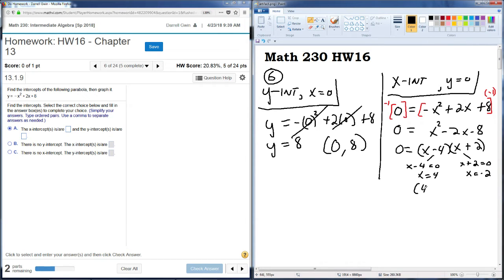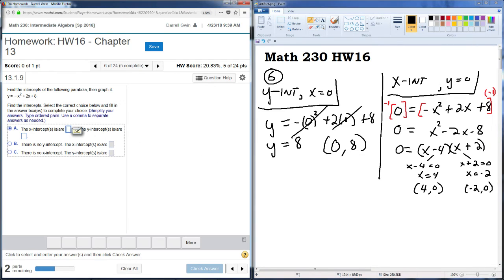The answers are (4, 0) and (-2, 0). There are 3 intercepts in this problem. So the x-intercepts are (4, 0), (-2, 0), and (0, 8).